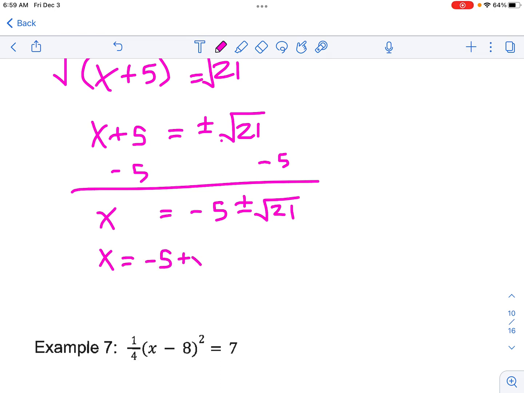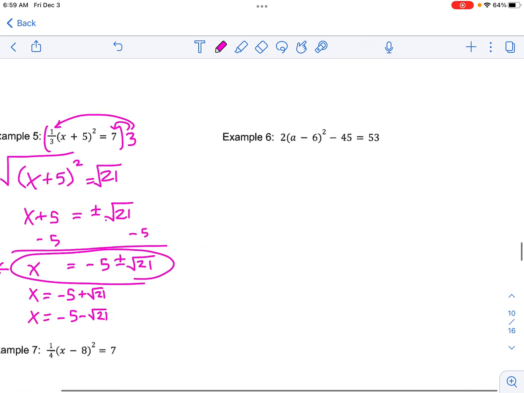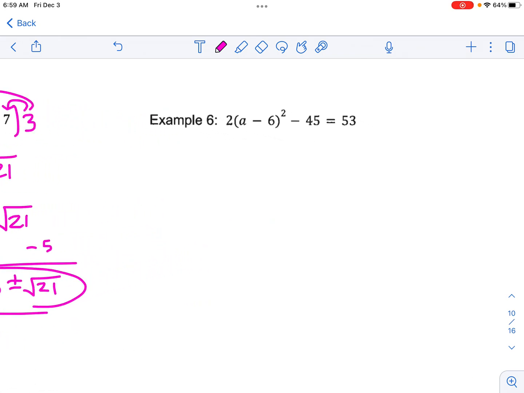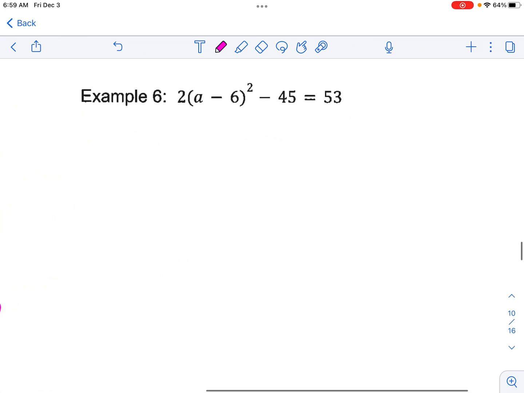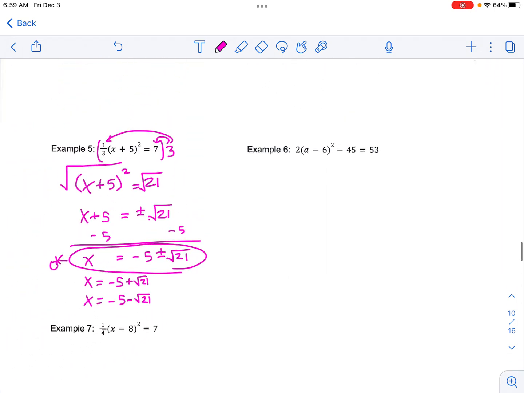So that's 2 answers. That is minus 5 plus the square root of 21, and it's minus 5 minus the square root of 21. But if you left it just like this, that would be okay. It's just a way of writing 2 answers in the same stroke of the pencil.